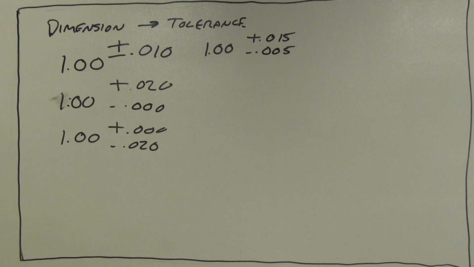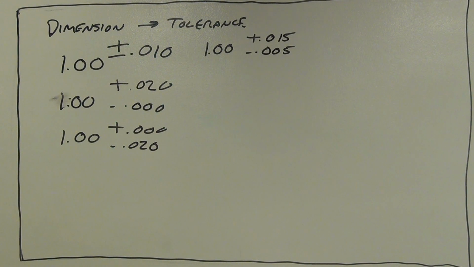All of these are valid ways of expressing a dimension and a tolerance, and they will all lend themselves to a way to make them regular, so that if for any reason you want to see these all in one form, you can convert them.